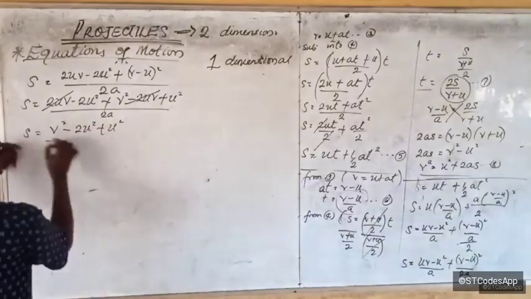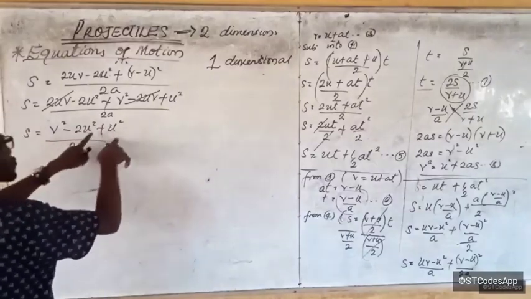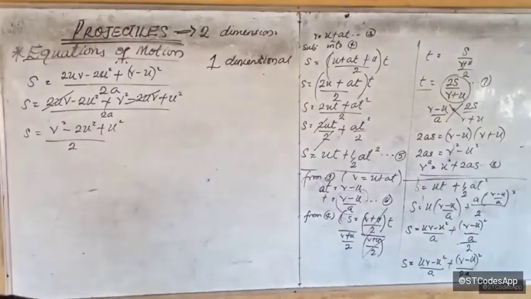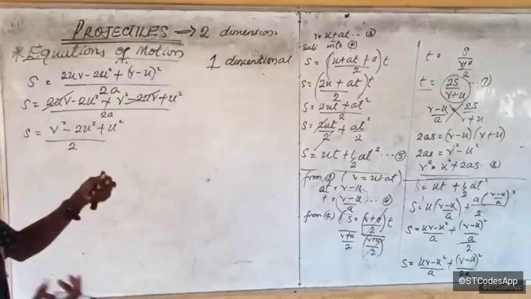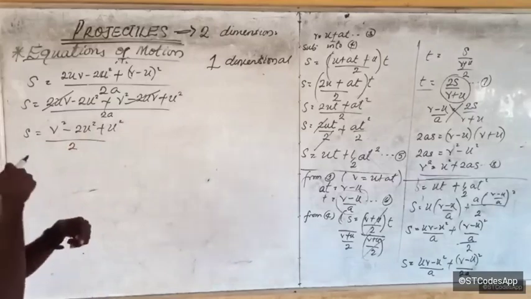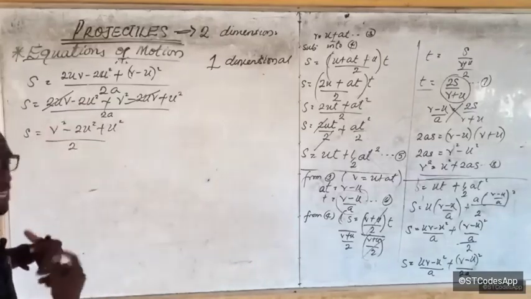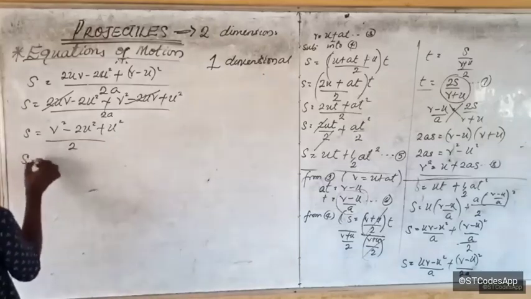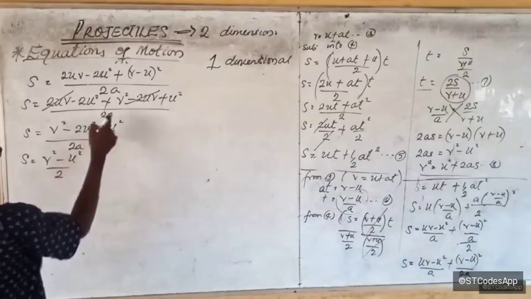They can take care of each other, right? Like, I mean, minus 2a plus a, that'll give me minus a. So here minus 2u squared plus u squared will give me what? Minus u squared.